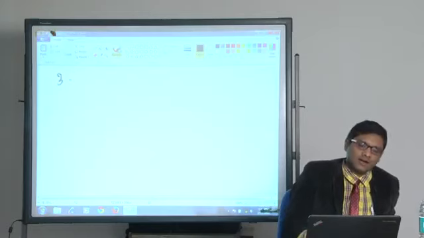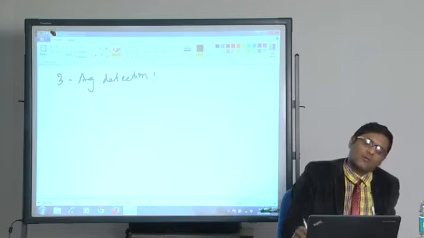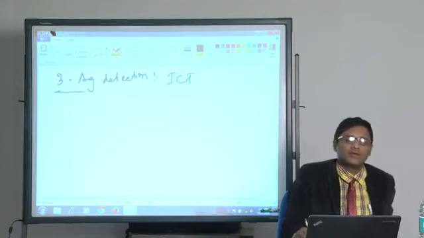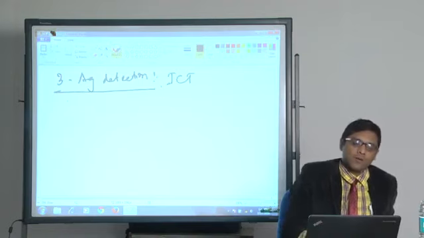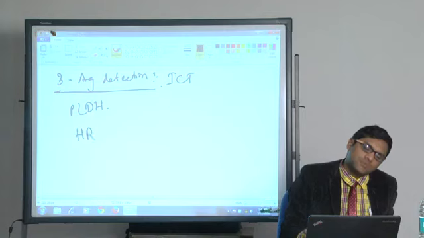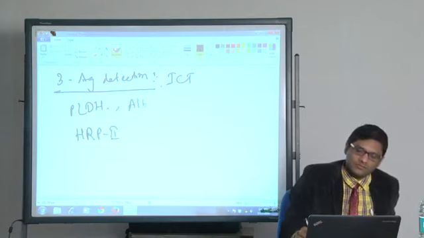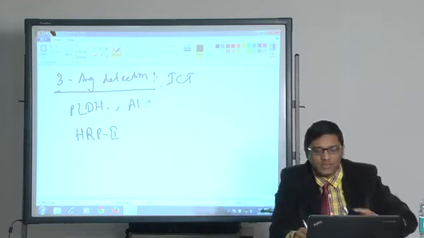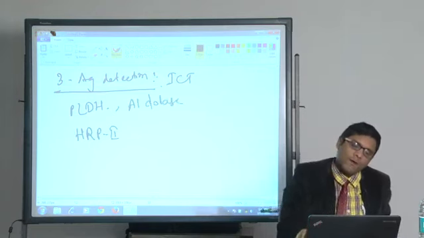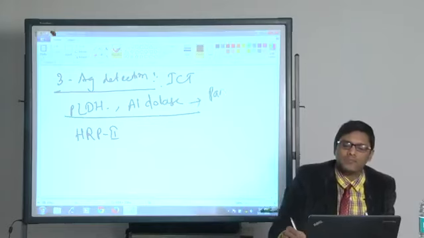Then antigen detection. Third is antigen detection by doing immunochromatographic test. Here you can detect various antigens like parasitic LDH, histidine rich protein 2 and aldolase. Among the three antigens, the LDH and aldolase antigens are pan-malarial antigens.